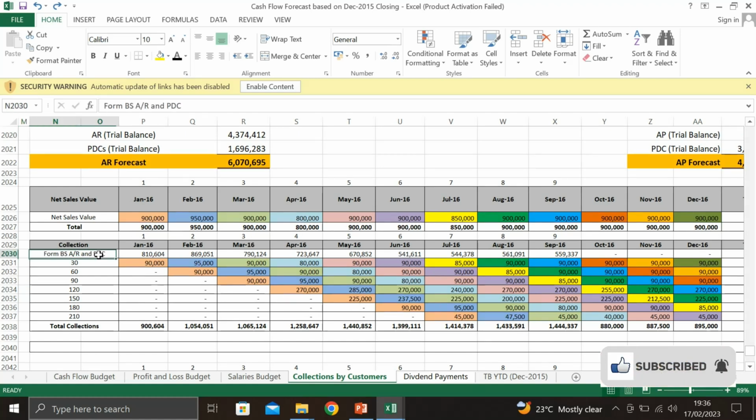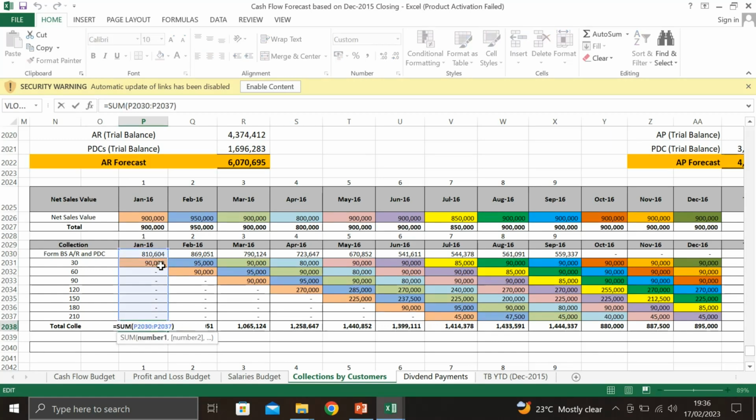So for the future sales also you will forecast here. We have forecasted our AR balance in trial balance and the PDCs from the customers in trial balance. This is okay. Then what we will sell in the future months, this also we will forecast, that in each month what we are selling, how much we will receive from our customers. When we make the total of this, AR plus the forecast for the next coming months' sales, this figure will come.